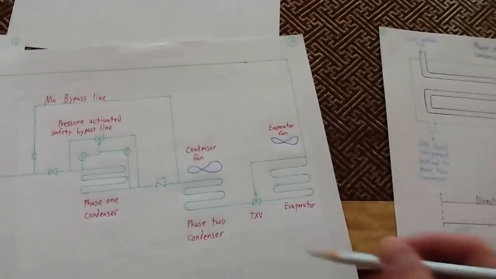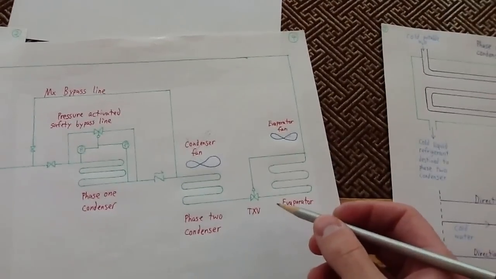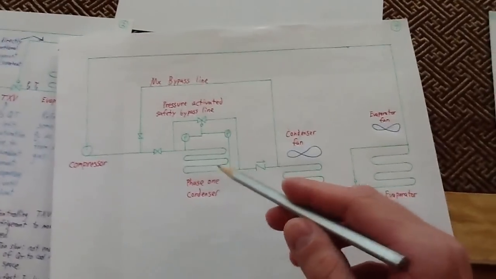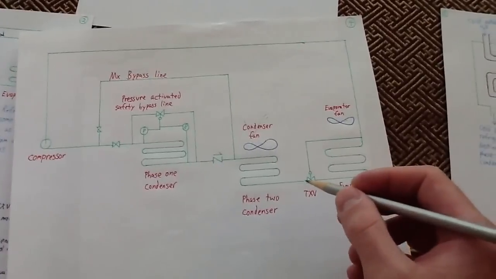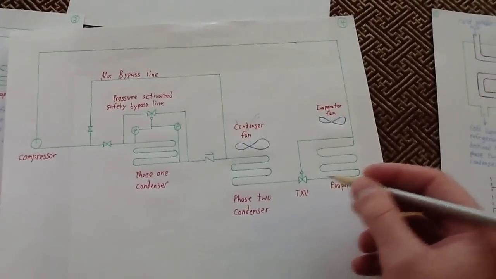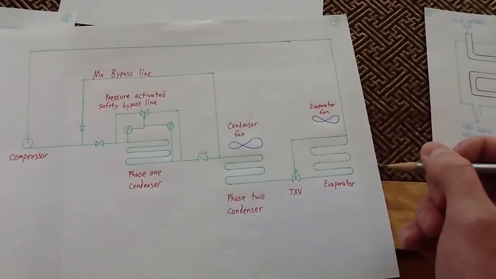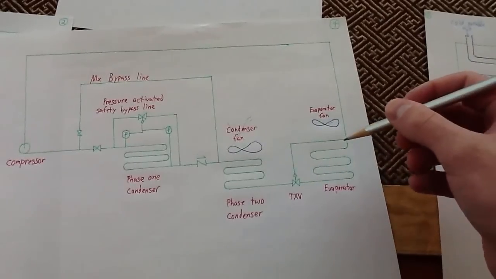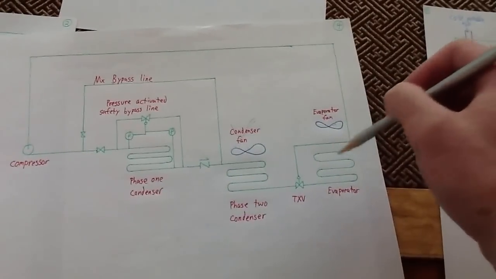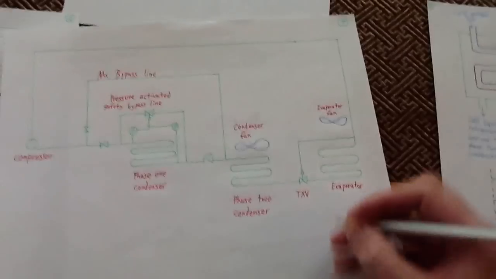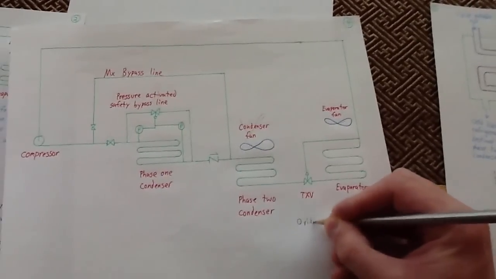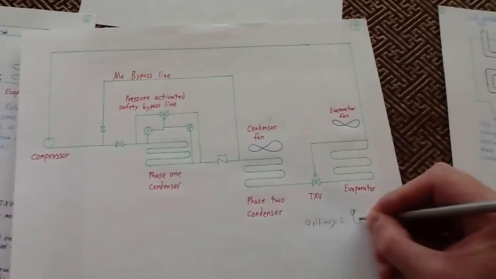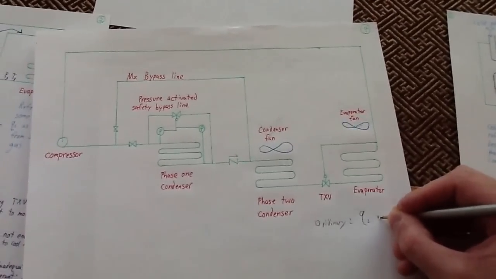So again, let me see if I can sum that up a little more clearly. In this particular system, because you've cooled the liquid refrigerant to a much lower temperature, you're going to have a lot of sensible heat transfer available within the evaporator, as well as the ordinary latent heat transfer that normally takes place in an evaporator. Let's even write this out. Ordinary system: a lot of latent heat, a little bit of sensible heat.